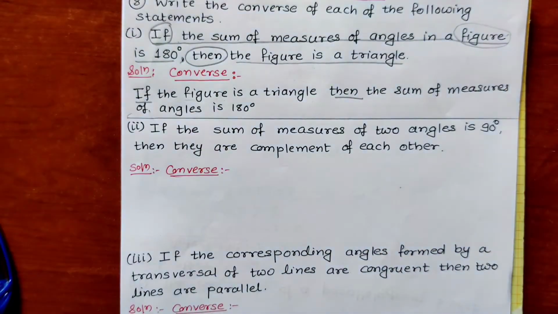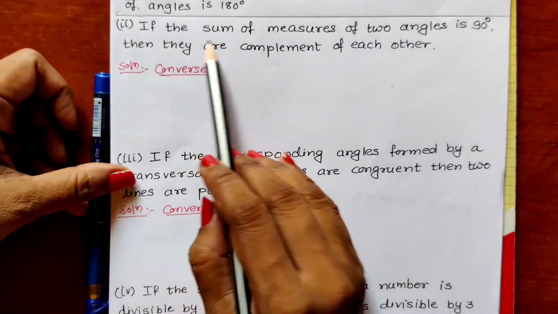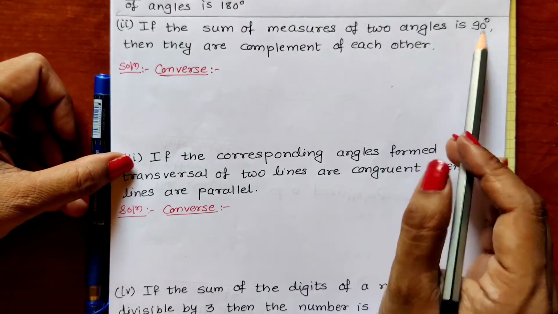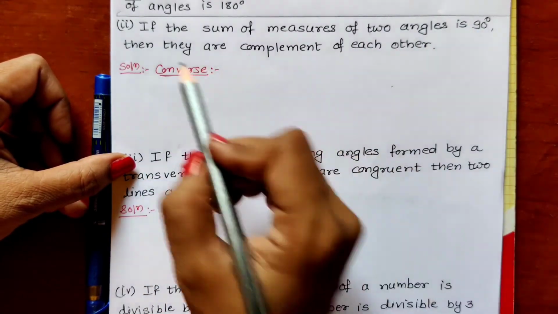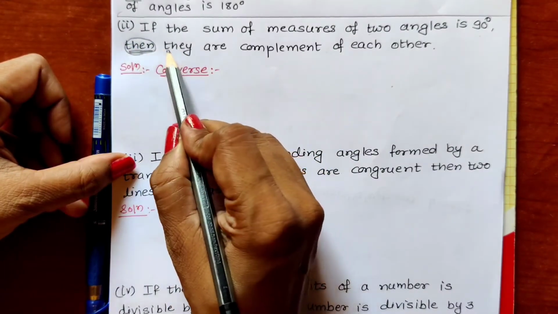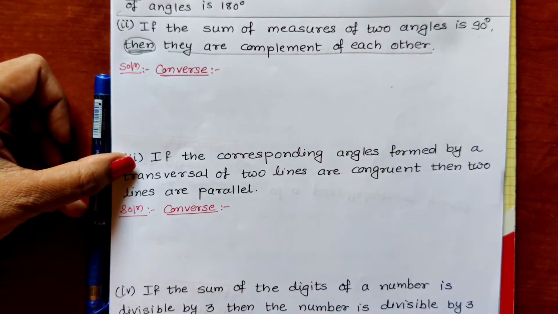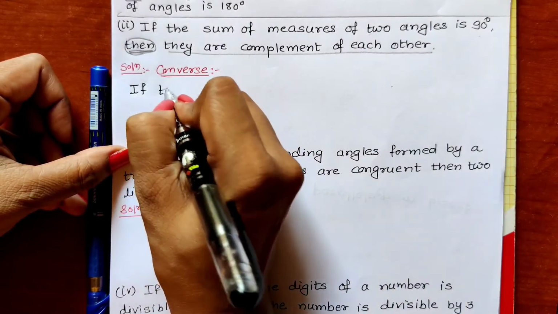Now let us see this second one. If the sum of measures of two angles is 90 degree, then they are complement of each other. So after then, they are complement of each other is given. So we will be starting with if two angles.